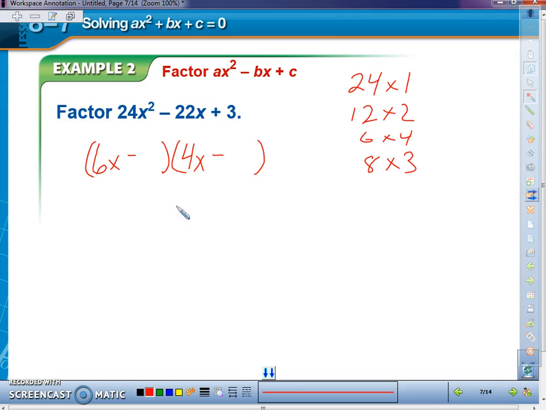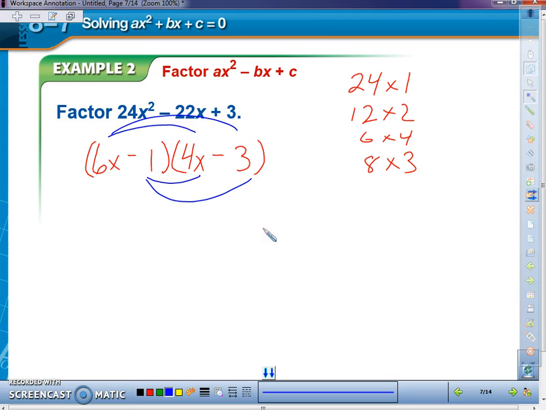So I need something that multiplies together to give me 3, but when multiplied by all these, it all adds up to negative 22. Well, 3 is pretty easy because it could just be a 3 and a 1, and I'm going to go with that. I'm going to put it right there. All right, so now let's look and see what we can do when we FOIL this out. I know that my first term is going to be right, 24x squared.